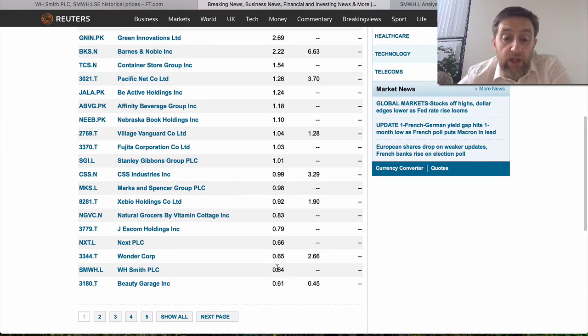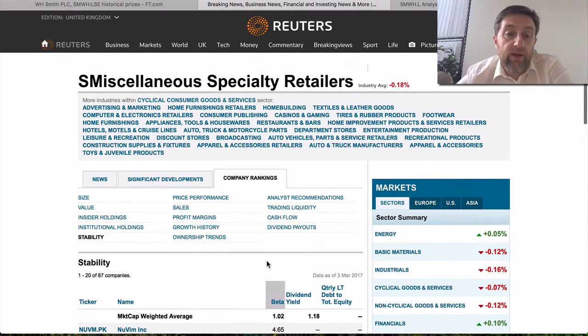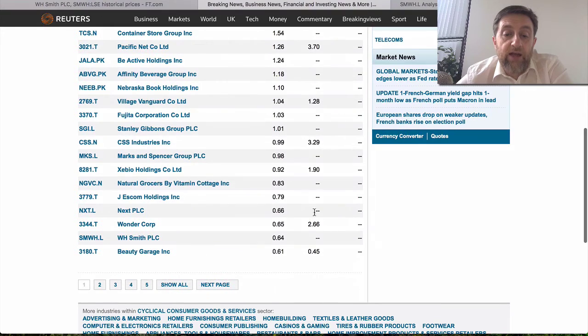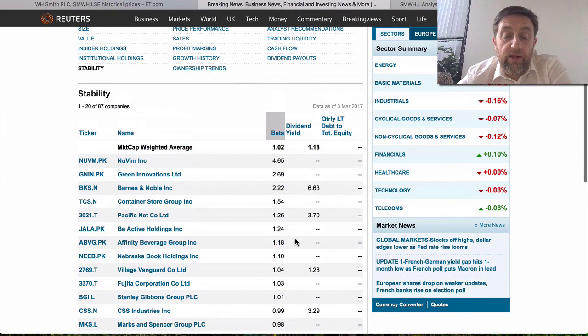So you can say, well, it might be that I want to compare WH Smith with other companies in that industry. The industry is miscellaneous specialty retailers, and maybe you'll then say, right, well, I'm going to compare WH Smith with Next because they're the same or very similar to them. And those are the companies that you then do the analysis on.